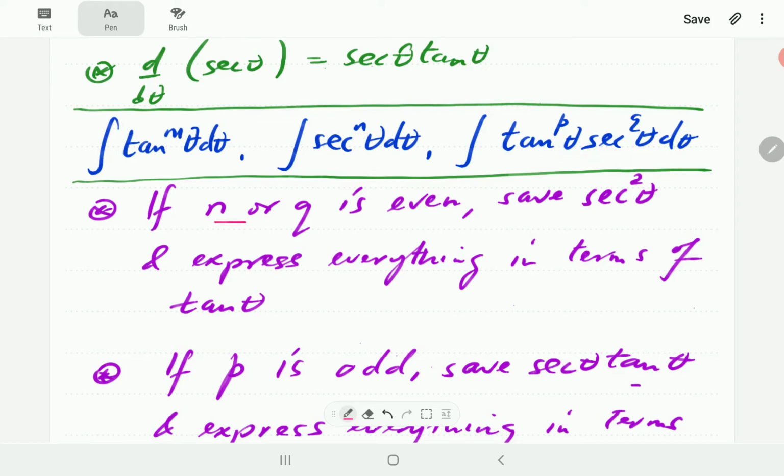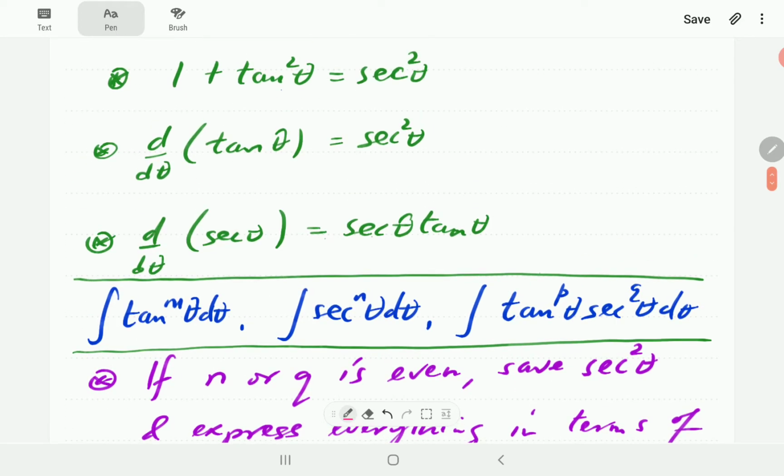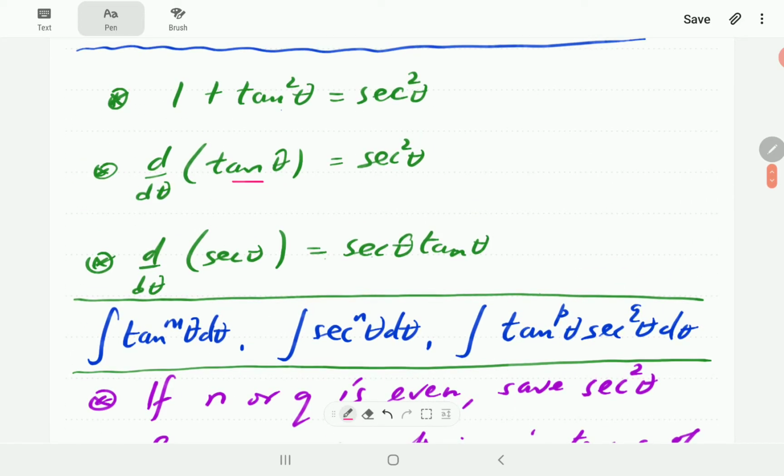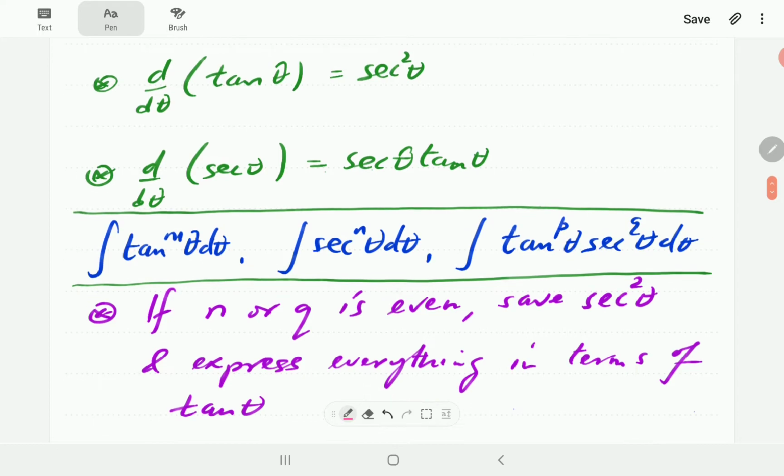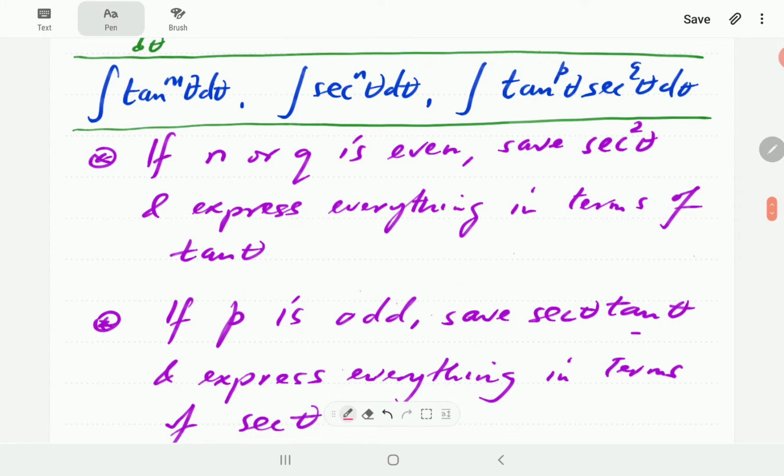So if this power of secant or that power of secant is even, then we save secant squared and write everything in terms of tangent. So just like I said, because we know the derivative of tangent is secant squared.